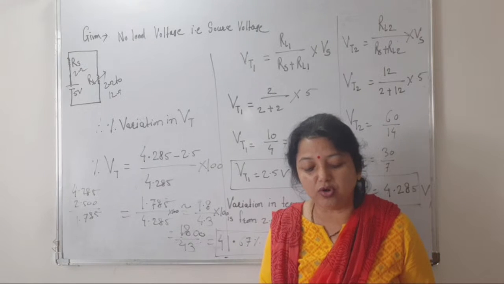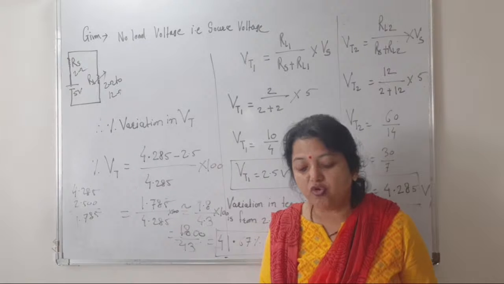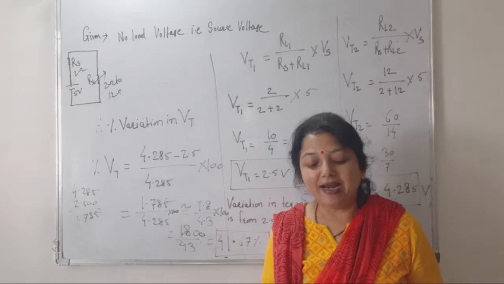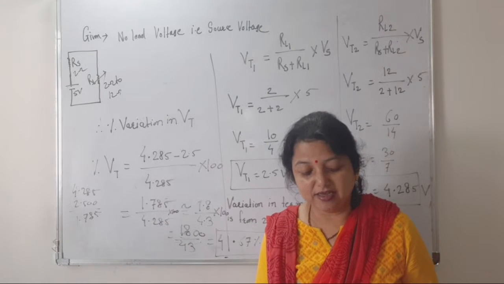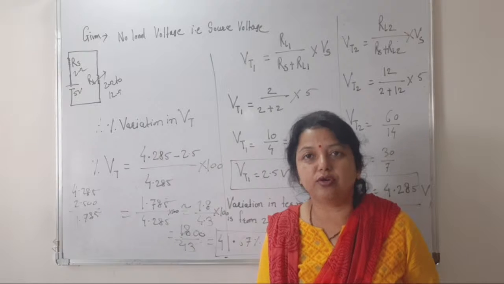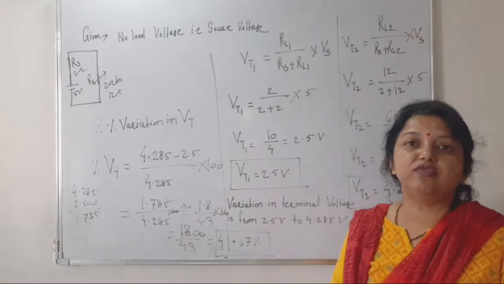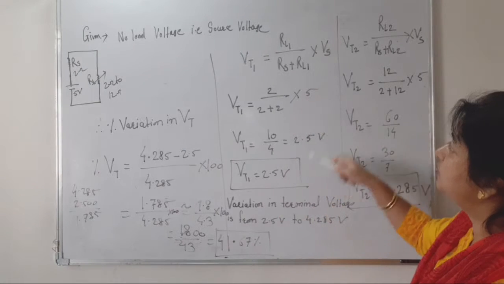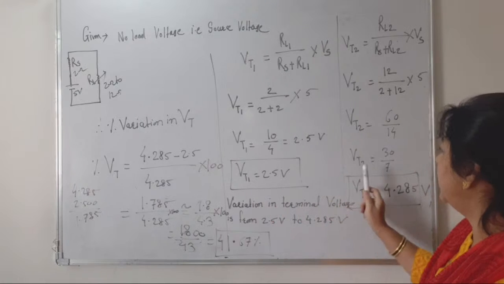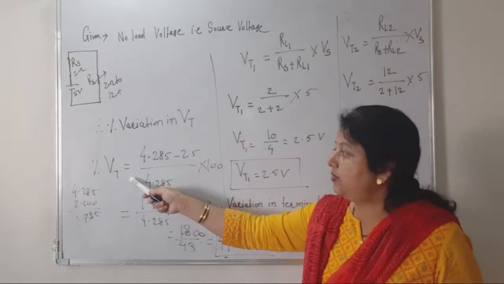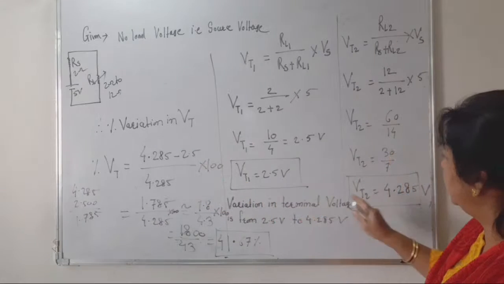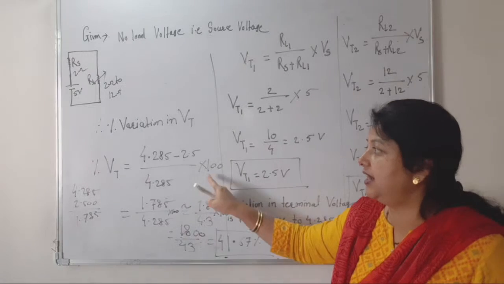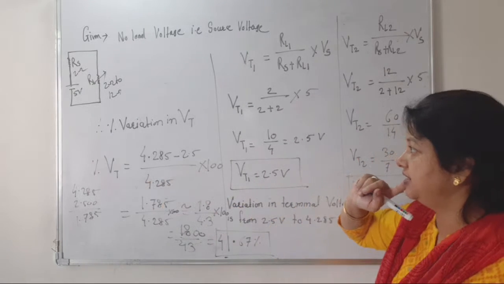It is connected to a load resistance RL that varies from 4 ohm to 10 ohm, so RL1 is 4 and RL2 is 10. Find the variation in terminal voltage of the source: find VT1 and VT2 using similar formulas. Then find the percentage variation in terminal voltage, maximum minus minimum upon maximum, multiplied by 100.